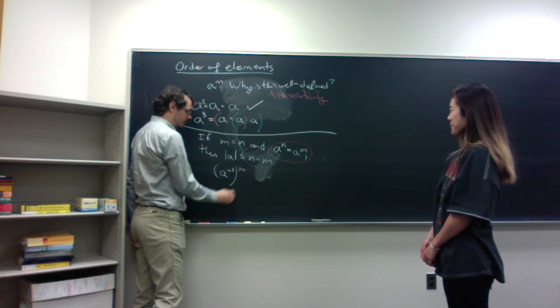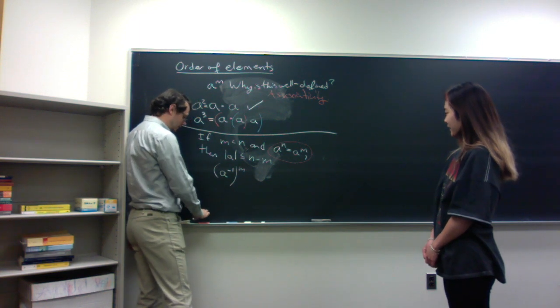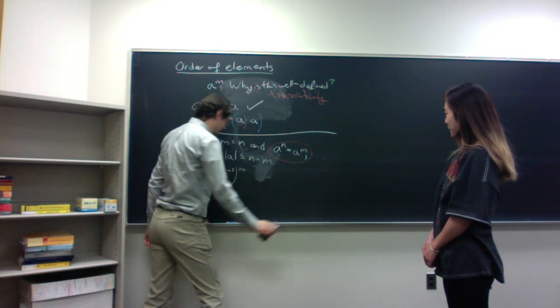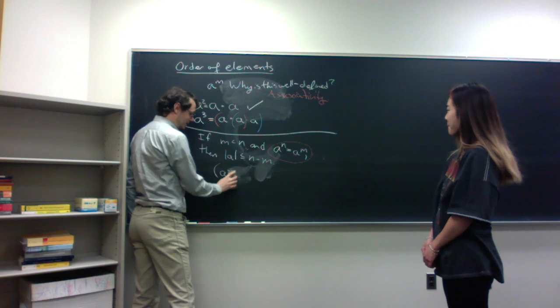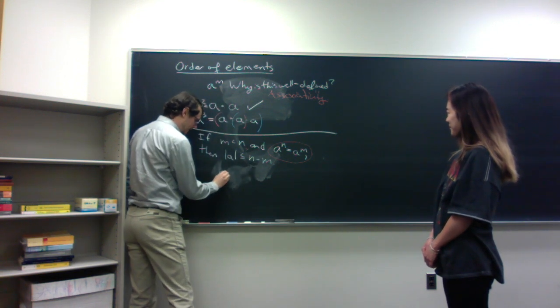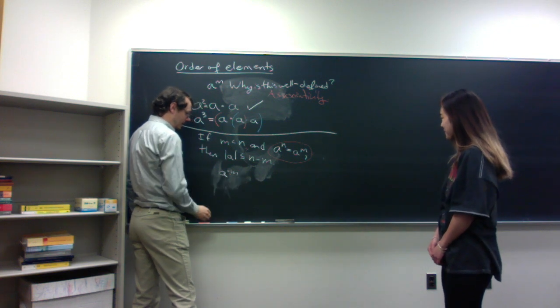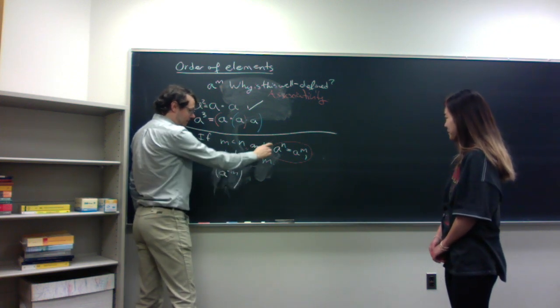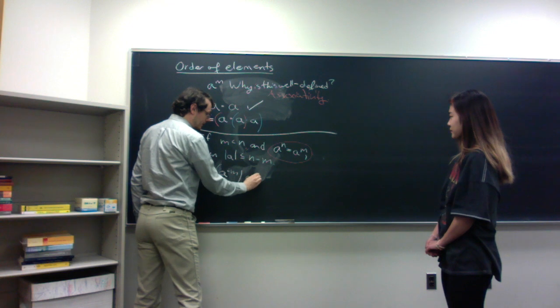Okay, so this is just another way of writing a to the minus m. So maybe I'll do that instead, to be a little more efficient: a to the minus m. And now I want to multiply this on both sides of this equation.